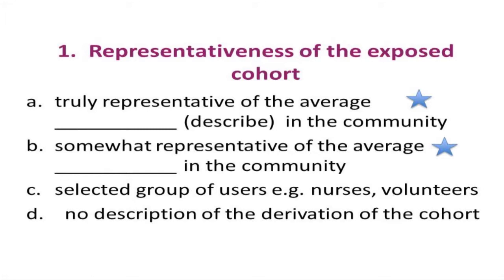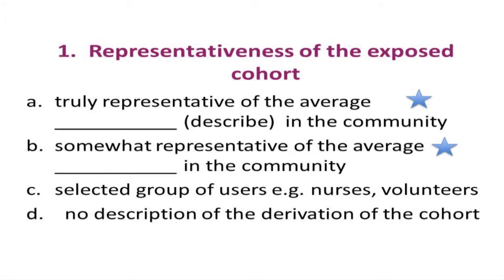And you're going to judge if the exposed cohort is truly representative of the average exposed cohort in the community, or did you select a part of that exposed cohort that has other attributes than the people in general, because that will severely affect the generalizability of your findings.